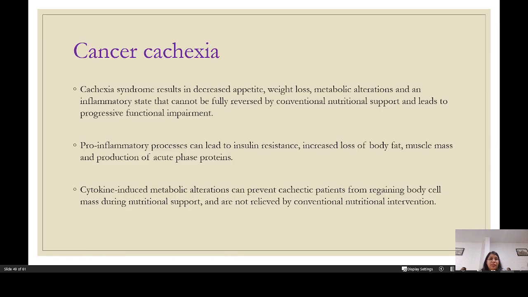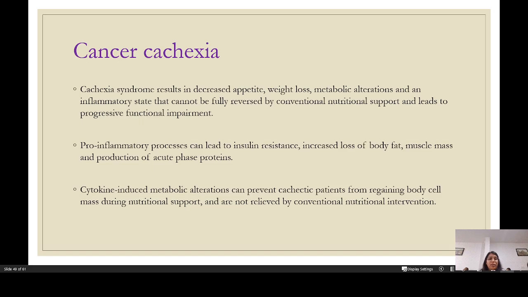Next is cancer cachexia. Cancer cachexia syndrome results in decreased appetite, weight loss, metabolic alteration, and an inflammatory state that cannot be fully reversed by conventional nutritional support and leads to progressive functional impairment. Pro-inflammatory processes can lead to insulin resistance, increased loss of body fat mass, and production of acute phase proteins.